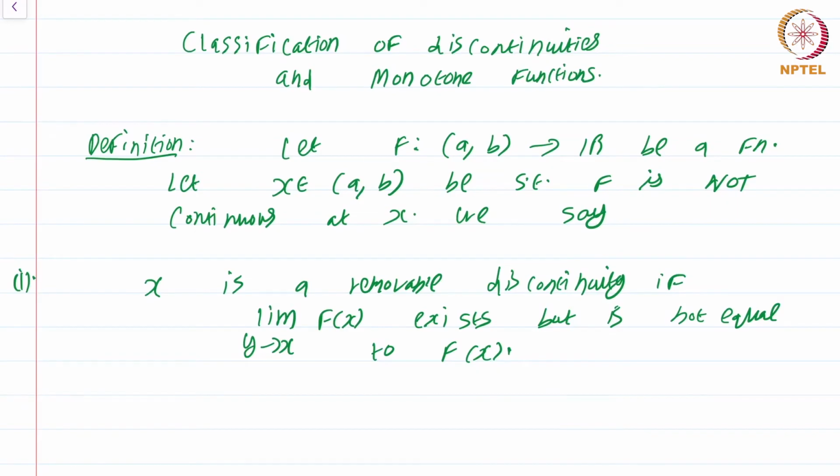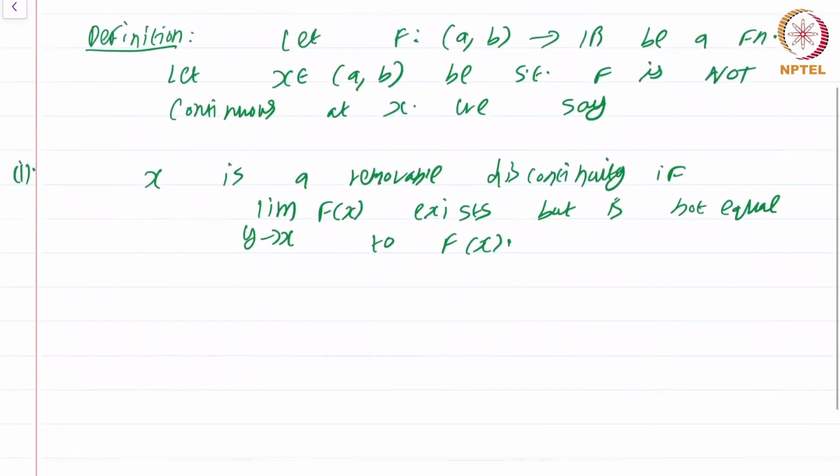So in some sense, this function f has a fake discontinuity at the point x. It's not really discontinuous at the point x. The way that function has been defined at the point x is what is making it discontinuous. So redefining that function at just that one point is going to fix the issue. So that's why this is called a removable discontinuity.